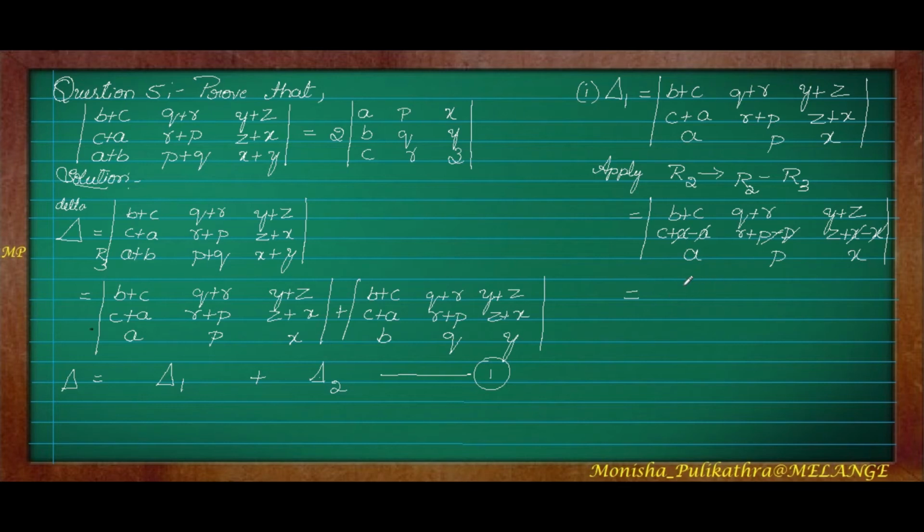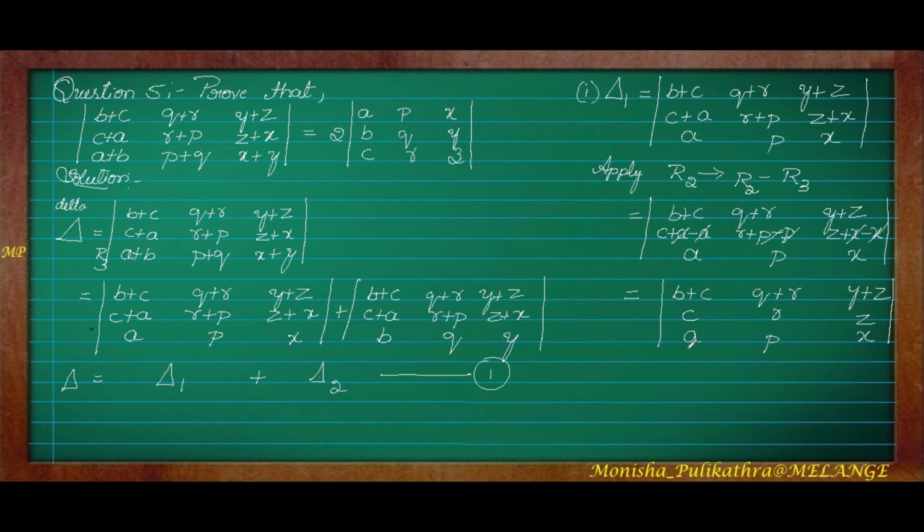So the remaining will be B plus C, Q plus R, Y plus Z; next, C, R, Z; and A, P, X. So after the first step, R2 to R2 minus R3, you got this determinant.